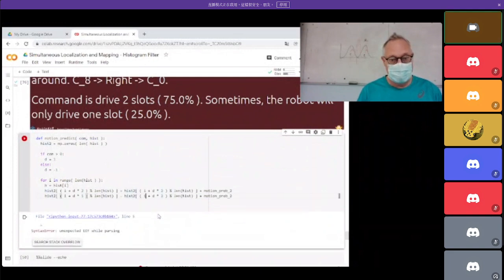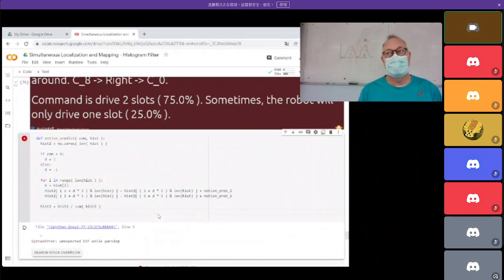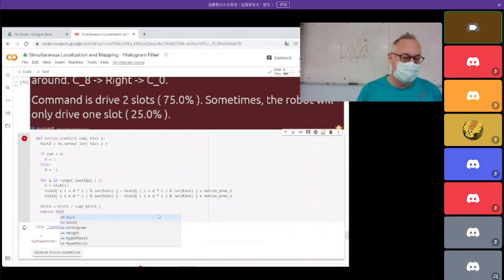And then one step, we move with probability 1. Then we convert it into a probability distribution again by normalizing it to 1. And then I can return this.